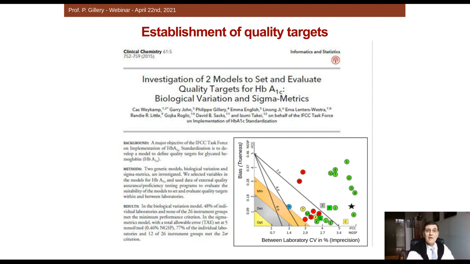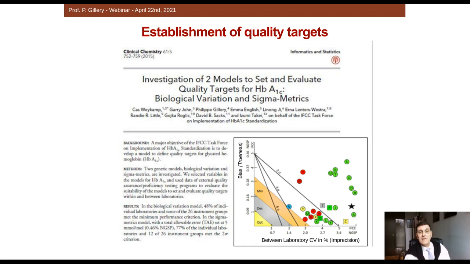This expression is related to the relation between the trueness, which is the bias of a given method when compared to a reference method, in function of the imprecision expressed by the between laboratory CV.